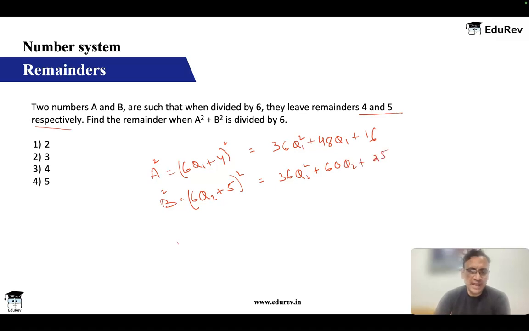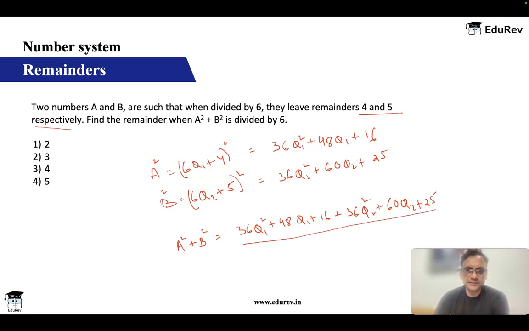Okay, when I add A square plus B square, I get 36 Q1 square plus 48 Q1 plus 16 plus 36 Q2 square plus 60 Q2 plus 25, right? And this is divided by 6.